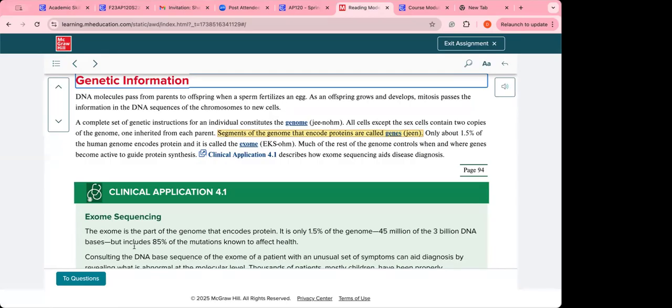Only about 1.5% of the human genome encodes protein and is called the exome. Much of the rest of the genome controls when and where genes become active to provide protein synthesis. Clinical application 4.1 describes how exome sequencing aids disease.